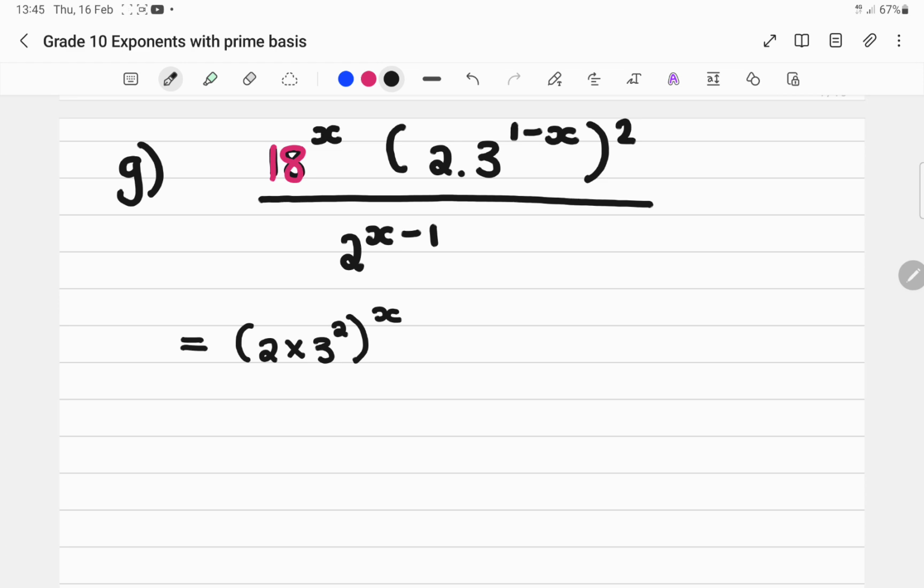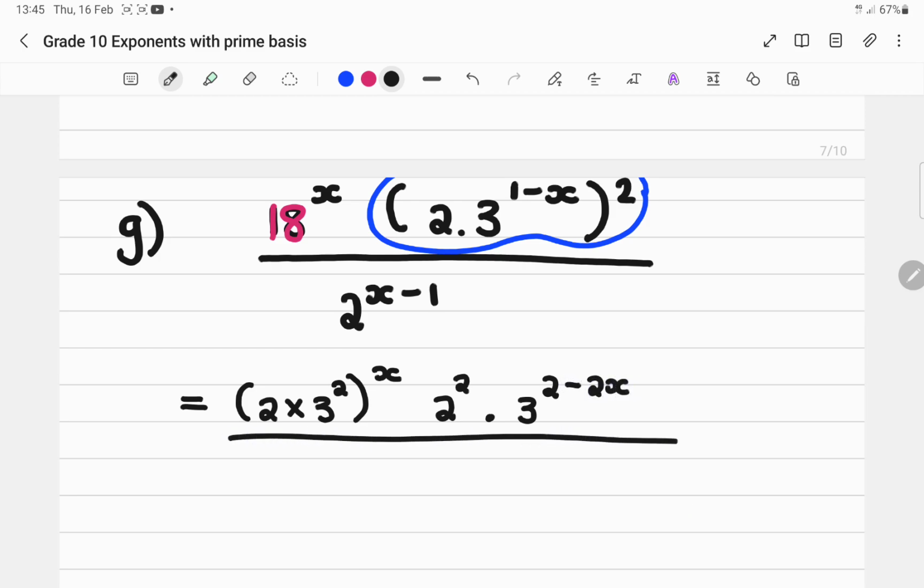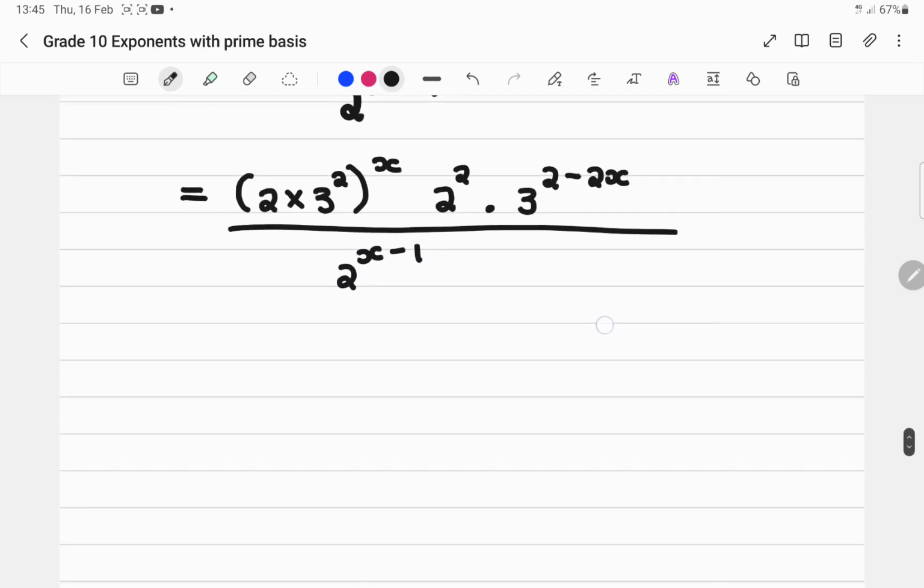Then over here in this bracket, the rule states everything inside the bracket is to the power 2. So we're going to start with a 2, raising the 2 to the power 2, times 3 to the power, 1 times 2 is 2, and a negative x times 2 is negative 2x, all over 2 to the power x minus 1.